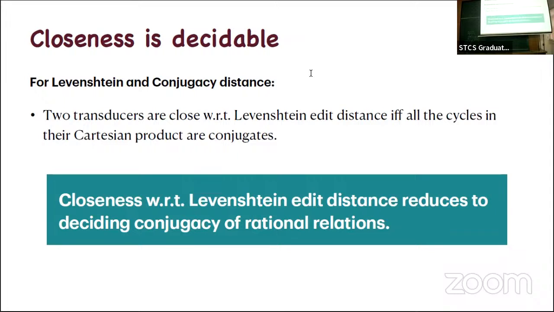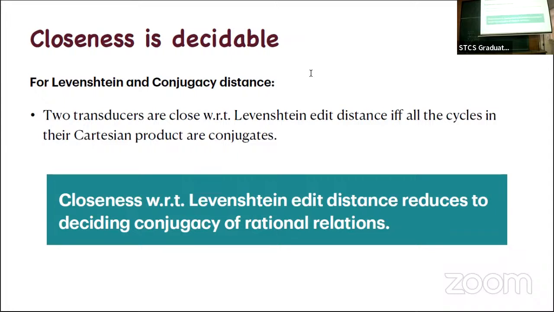That again requires a proof. Since we know how to check whether, given the product automaton, its loops are conjugates, that's something we can check using this idea.